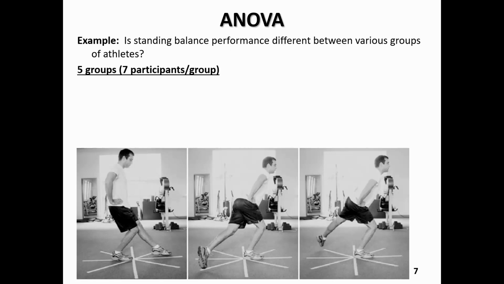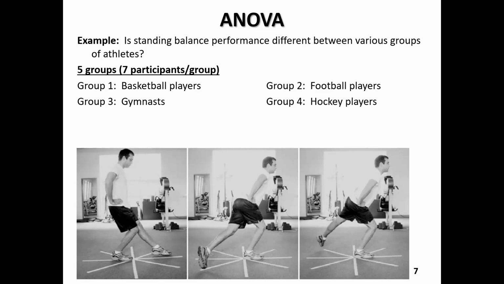In this study, I'm going to create 5 groups of different athletes, and within each group, I'm going to have 7 participants that meet certain criteria in order to be classified in each of those groups. The 5 groups here include basketball players, football players, group 3 are composed of gymnasts, hockey players in group 4, and dancers in group 5.